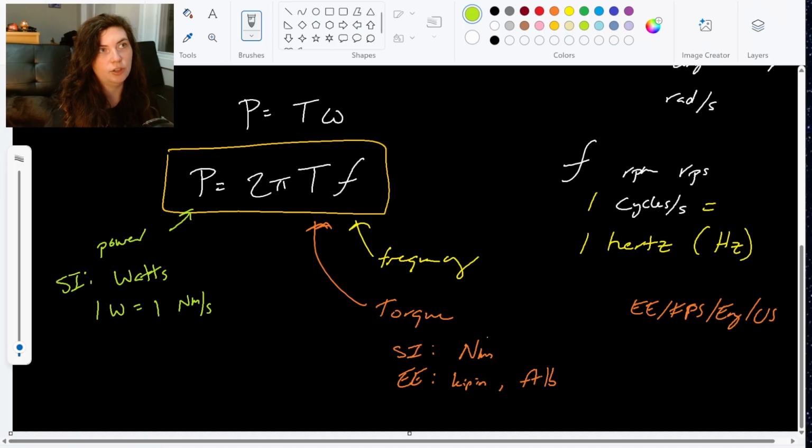Our torque is in Newton meters and our frequency is in per seconds. So Newton meter per second is going to give us 1 watt. Very easy conversion, very easy to think about. If we just know a Newton meter per second is a watt, we have our units all straightened out. Power in SI units is watts.